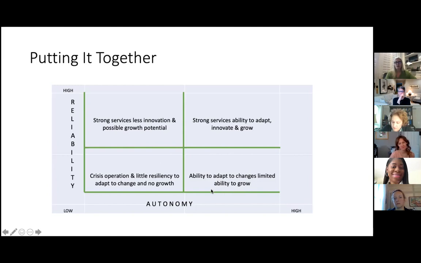And the characteristic of that is the ability to adapt to changes, but limited ability to grow, right? And then again, where we want to not be is in that bottom left, where we have low reliability and low autonomy. And typically you can see that in people's revenue. If you find a really struggling nonprofit, they're in crisis operation, little resiliency to adapt or change, and no growth.